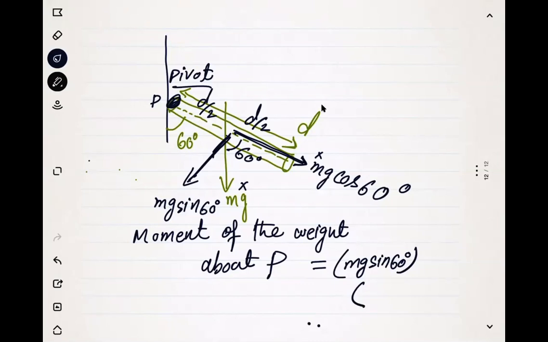Mg sin 60 should be multiplied with d by 2 to calculate the moment of the weight. Now this was the moment of the weight about point P.